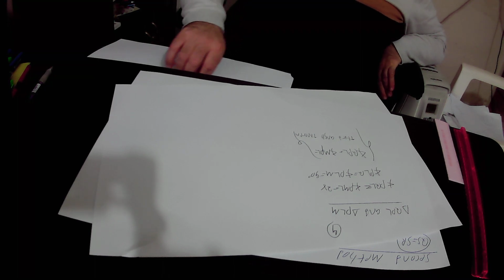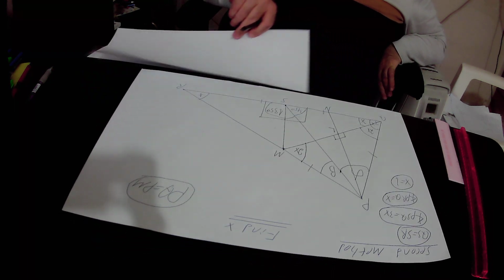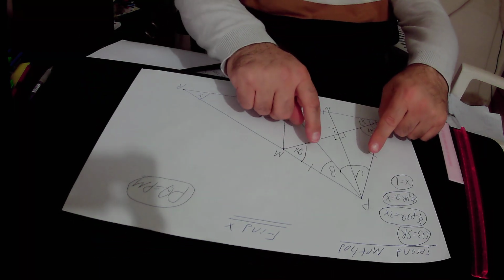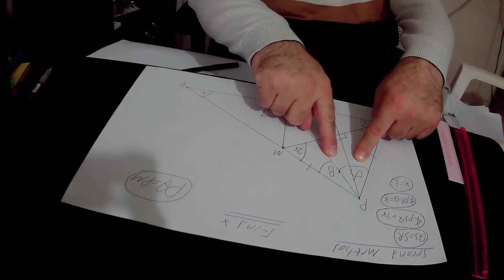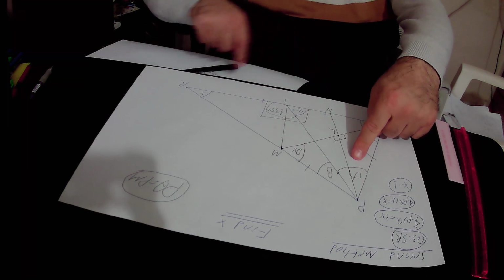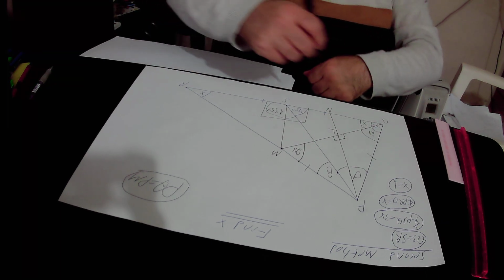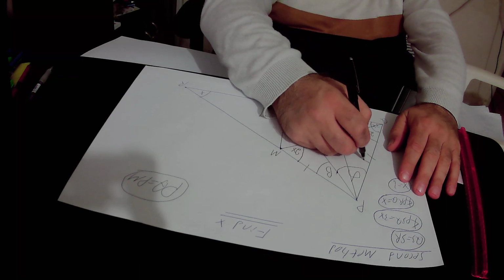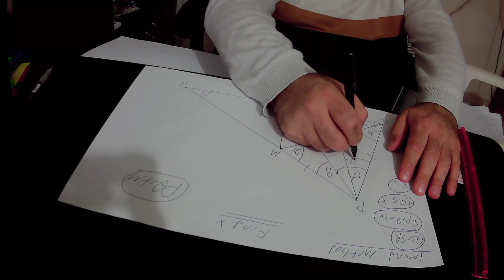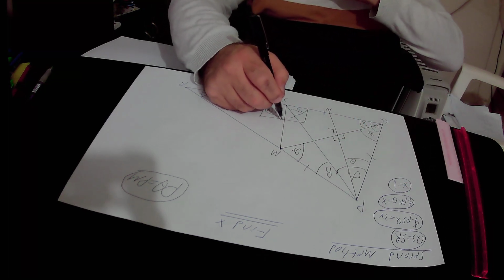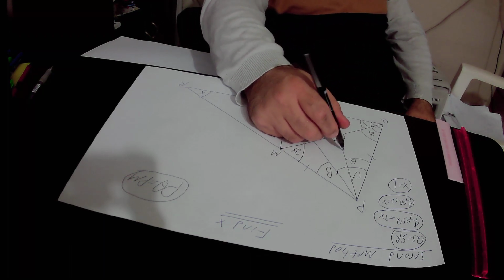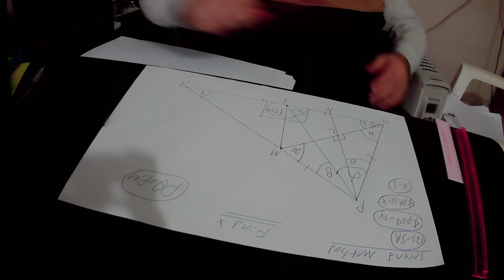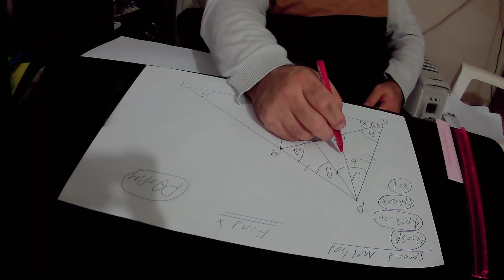And so, because those two angles are equal to each other, if we define this angle as theta, then this angle must also be equal to theta, because those two angles are equal to each other.